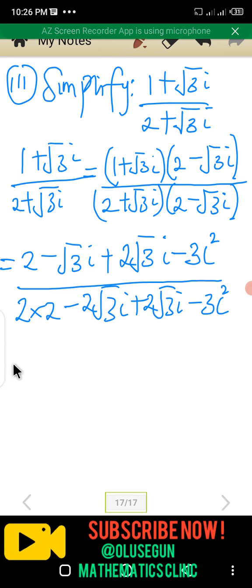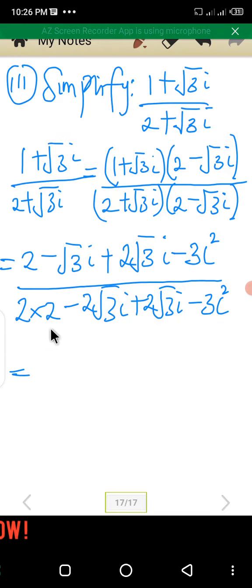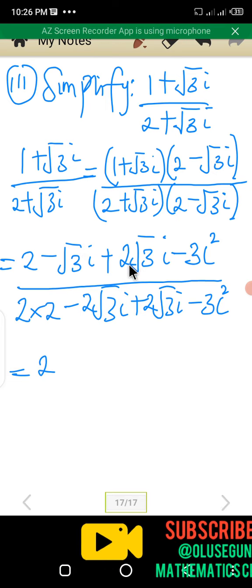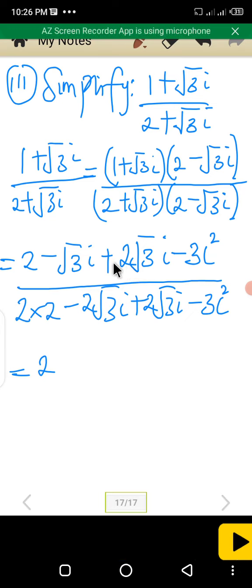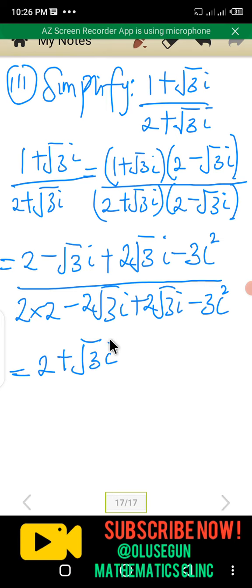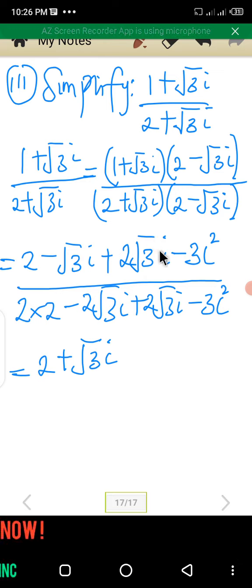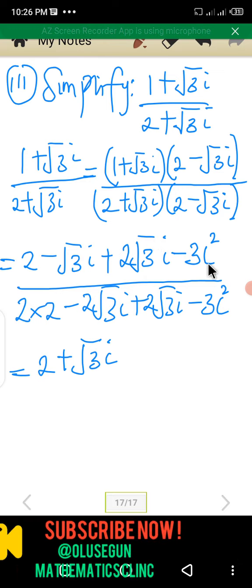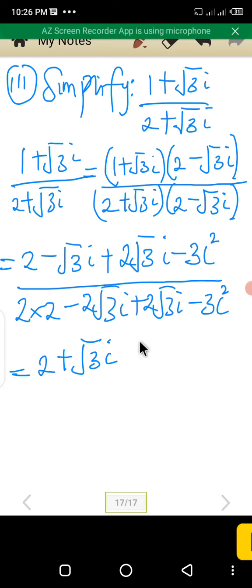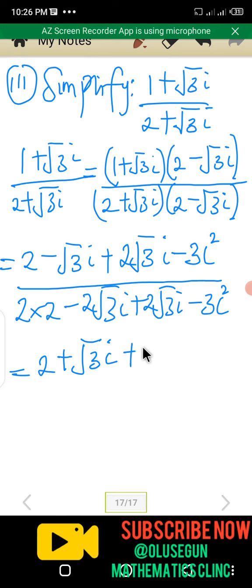Therefore, the numerator is 2 minus root 3i plus 2 root 3i, which gives you 1 plus root 3i, because this is 1 and this is 2 root 3i. In the denominator, this is 3i squared, and i squared is minus 1, giving you plus 3.